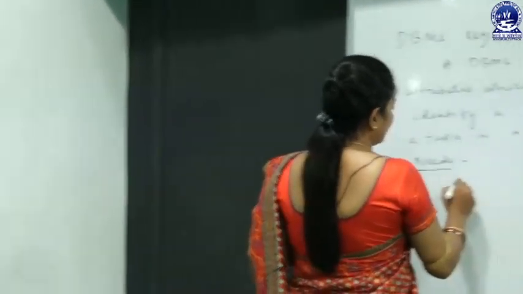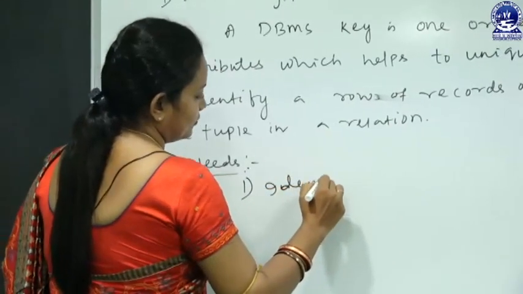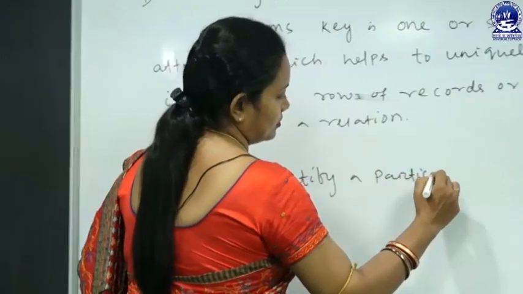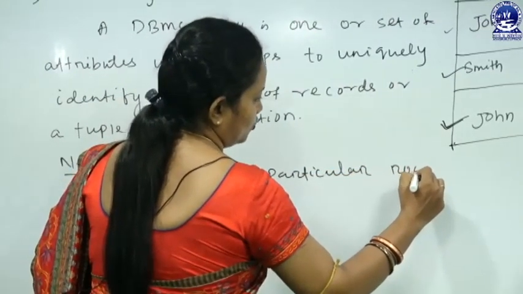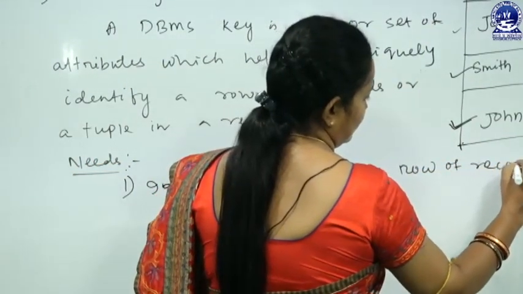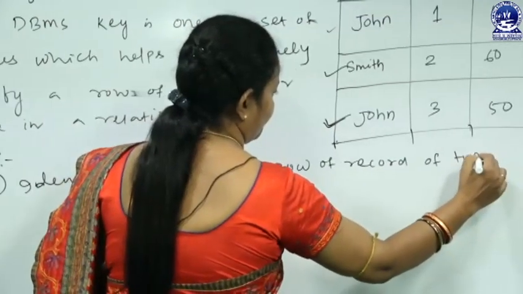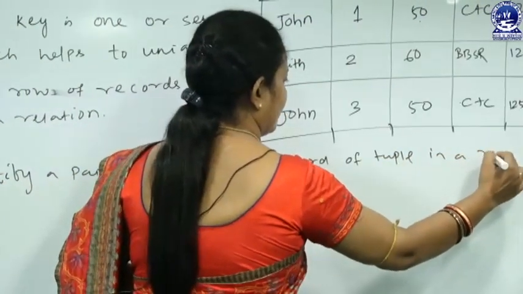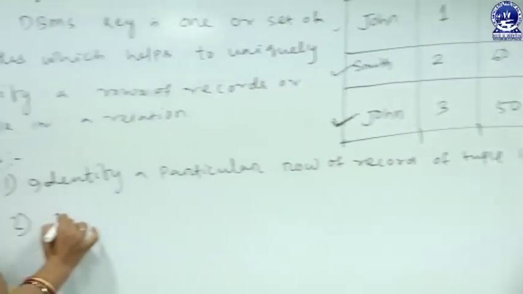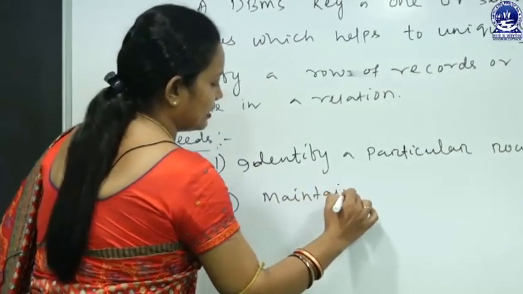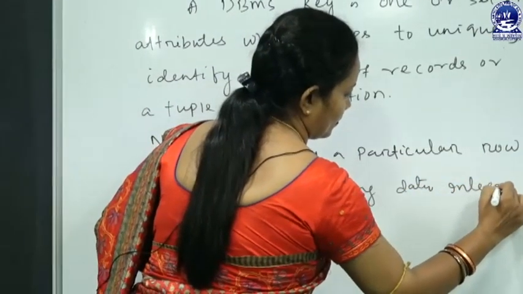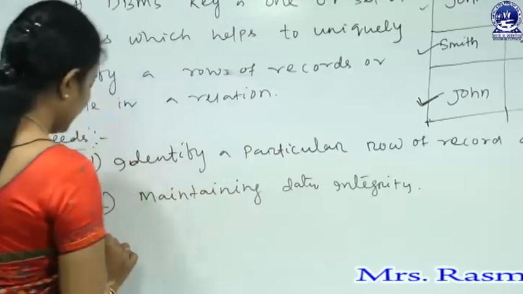So, the first need is to identify a particular row of record or tuple in a relation. Second, maintaining data integrity in a relation.